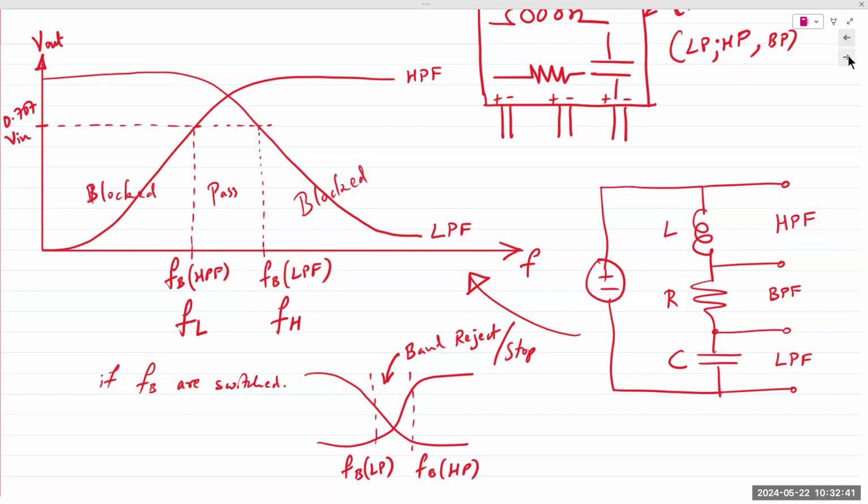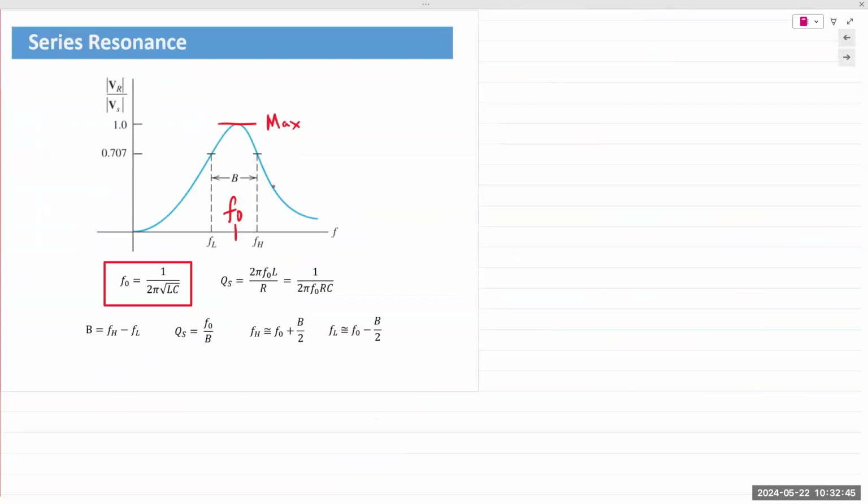So let's go back to the next slide. As I was saying, F0, the resonant frequency, is when the impedance of the capacitor and the impedance of the inductor cancel each other out. So at F0, ZL and ZC have the same magnitude.